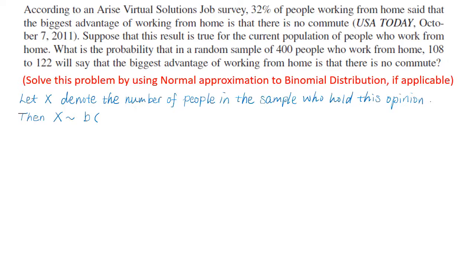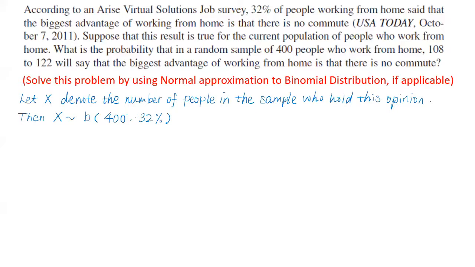Because the sample has 400 people, that means you conducted 400 trials, right? And in each trial, the probability of holding this opinion is always 32%.